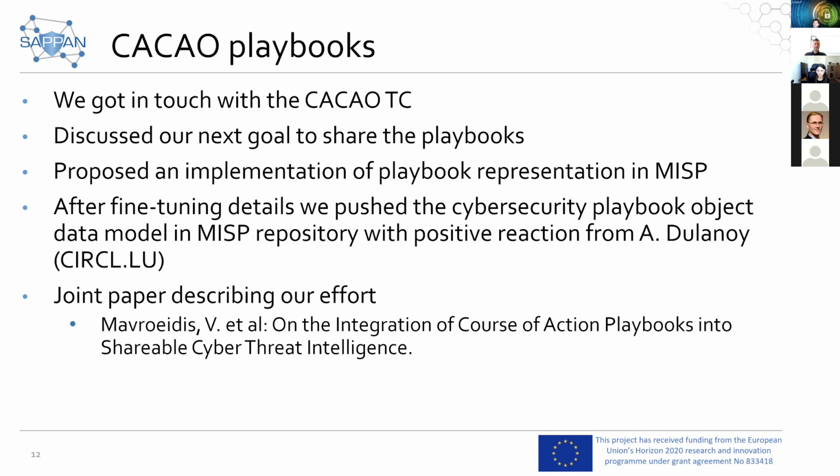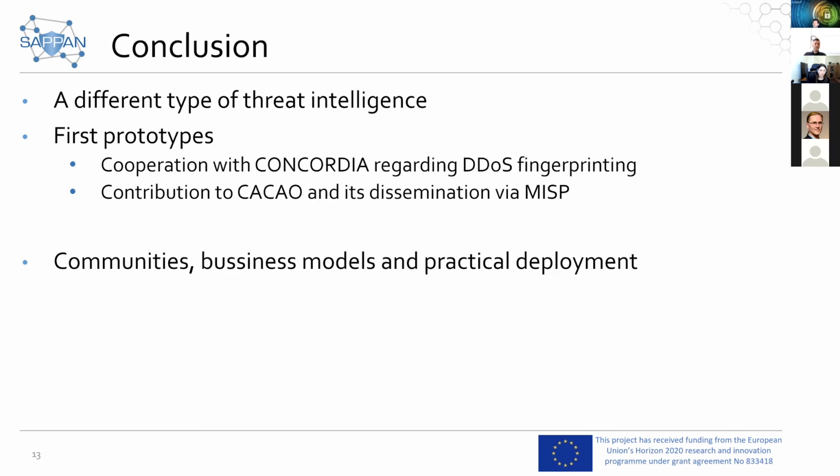Therefore we made the implementation and created the MISP object. The MISP object is now in the official MISP repository, so you can use it. We described our joint effort in a paper. And that concludes my presentation.